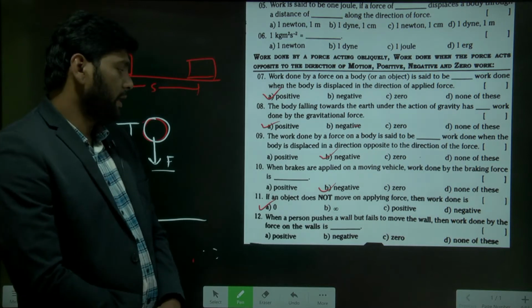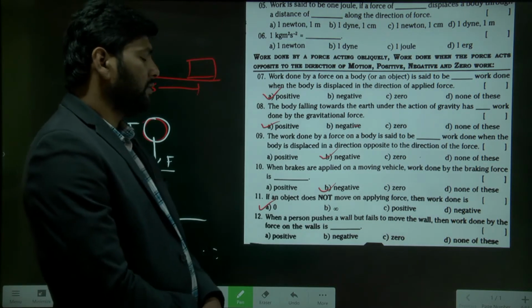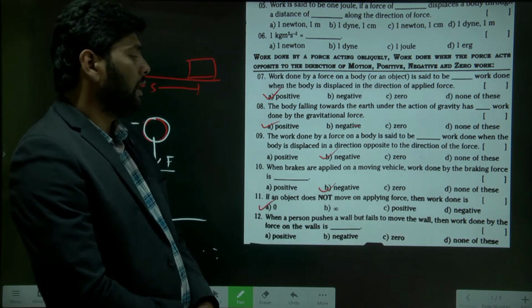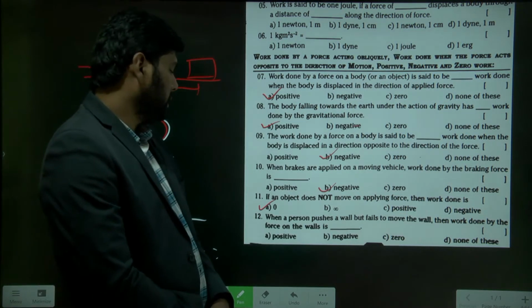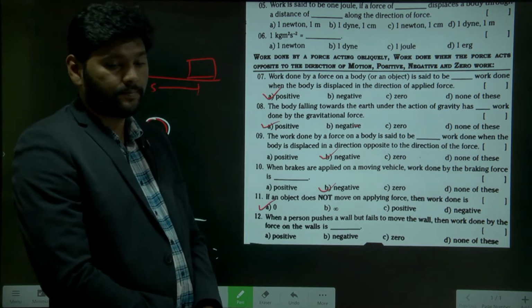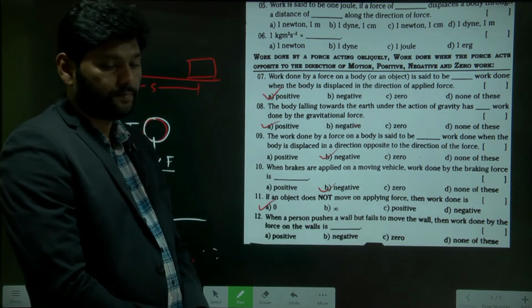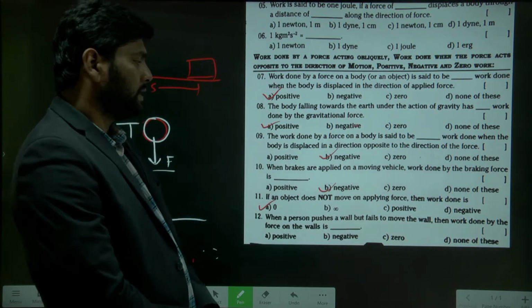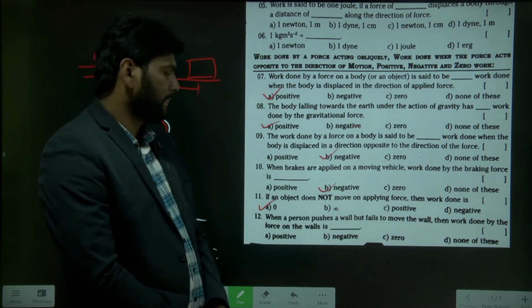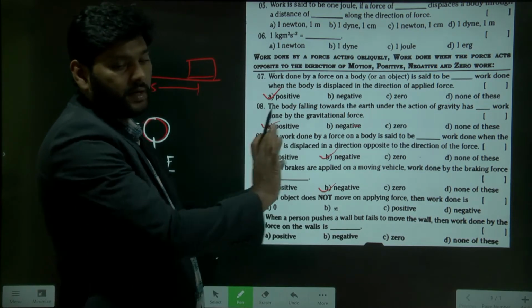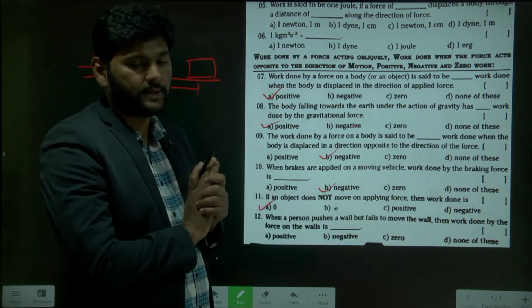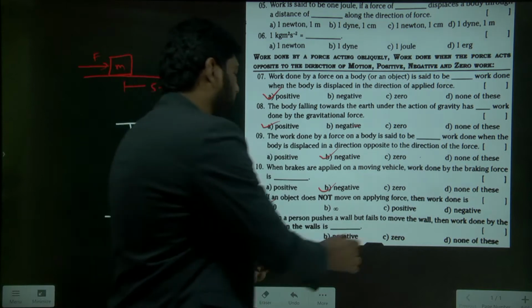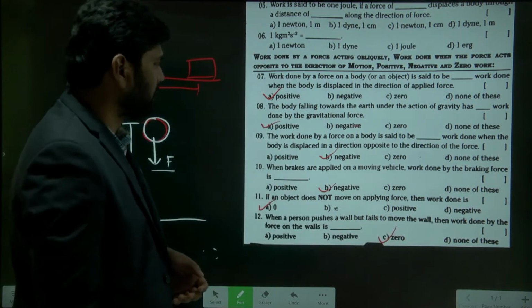Next, when a person pushes a wall but fails to move the wall, then the work done by the force on the wall is negative or positive or zero? Which one is correct? Say we are pushing a wall, but the wall is not displaced. Then what is the work done? Zero, because there is no displacement, so it is zero.